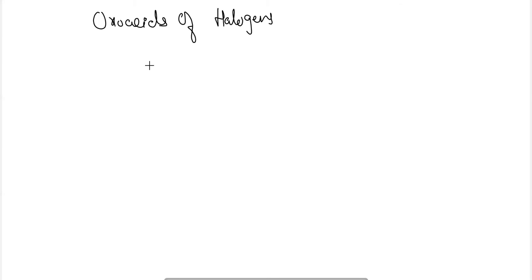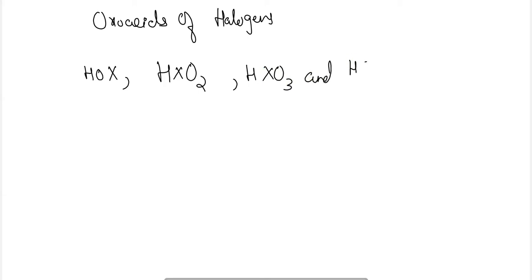Halogens generally form oxo acids with the formulas HOX, HXO2, HXO3, and HXO4. So these are the different oxo acids of the halogens.